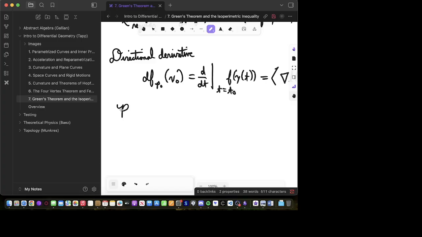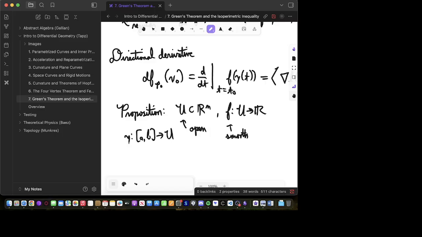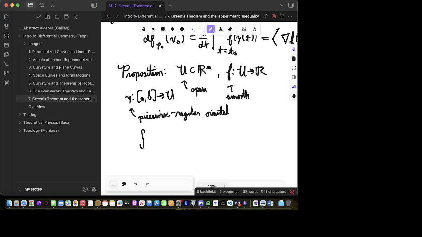So we come to a proposition now. If we have an open set U in Rn, and we have a smooth function f, and this gamma, the curve it parametrizes, is piecewise regular and oriented, then the line integral of the gradient of f along gamma is equal to this.